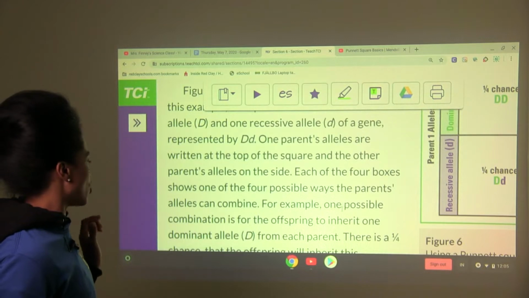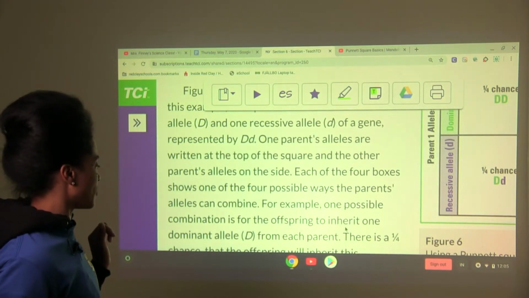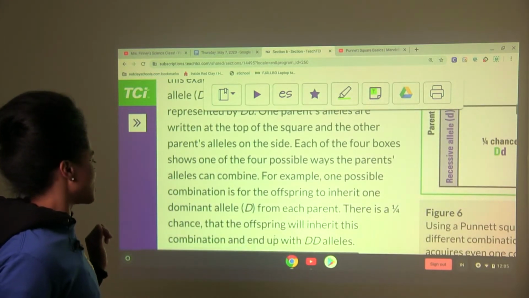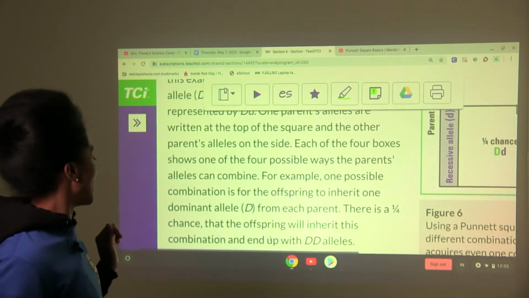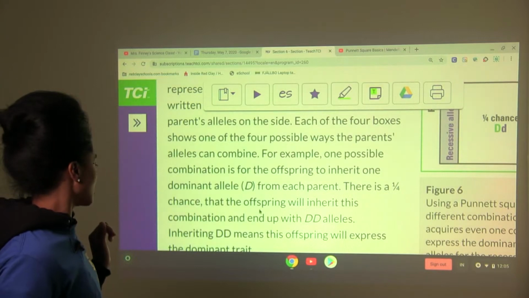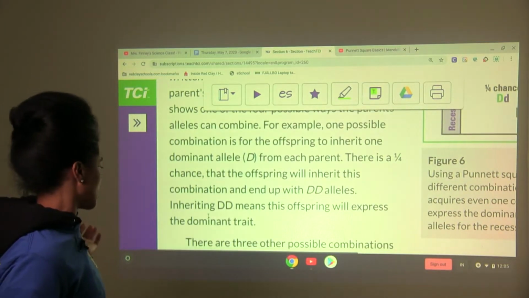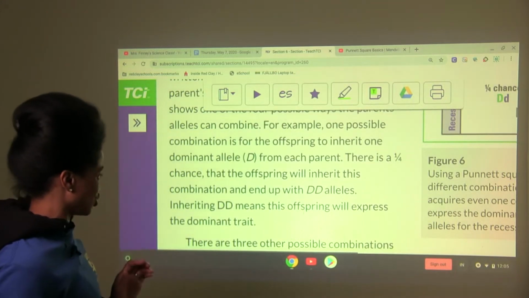For example, one possible combination is for the offspring to inherit one dominant allele from each parent. There is a 1/4 chance that the offspring will inherit this combination and end up with dominant D alleles. Inheriting dominant D means this offspring will express the dominant trait.